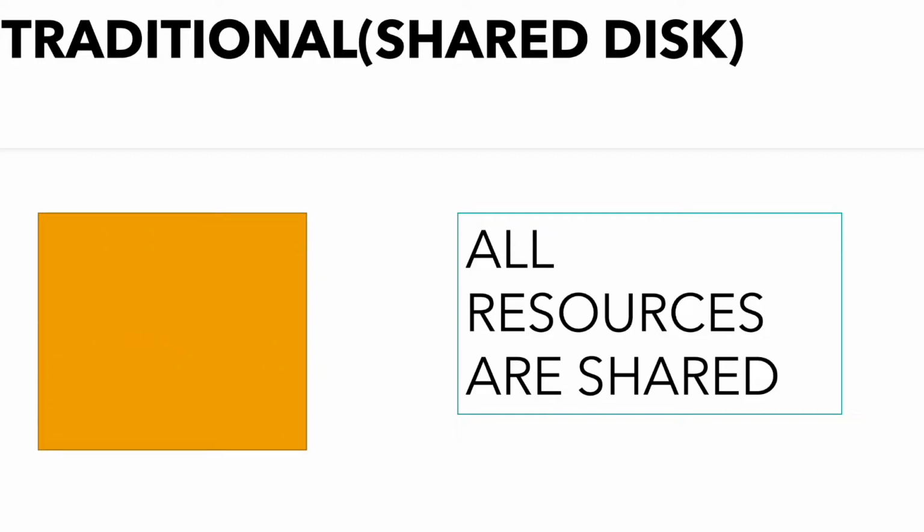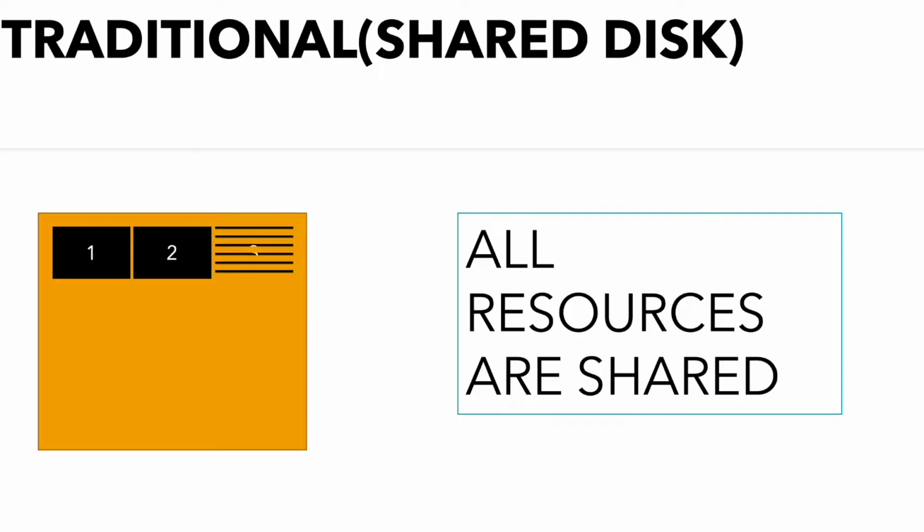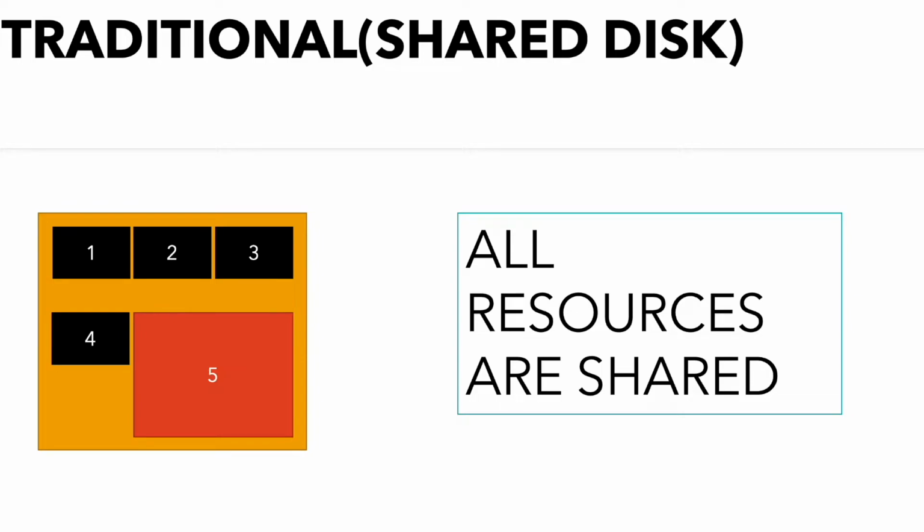We have process one running, then query two, three, four, and all of a sudden the whole system goes slow when a big query 5 comes into the picture, wrongly written or correctly written, in fact, you never know. And because of that, all the resources have become slow. This is the downfall of the architecture in a traditional methodology.